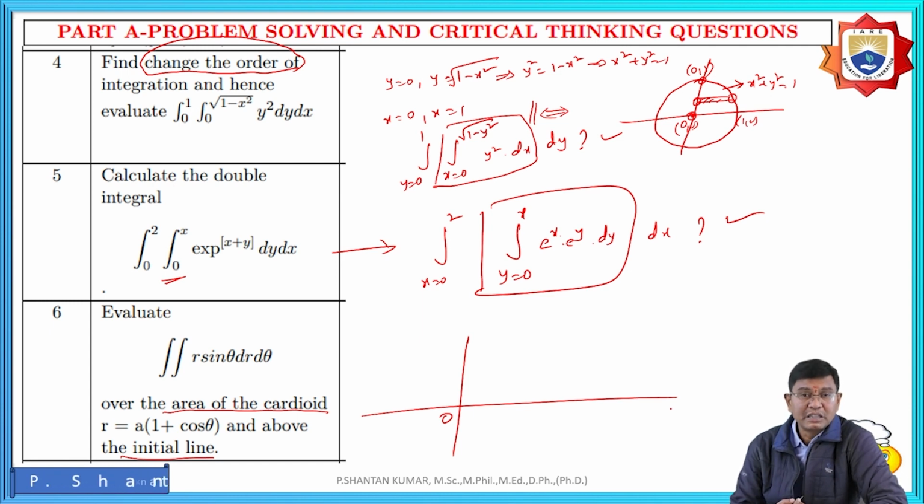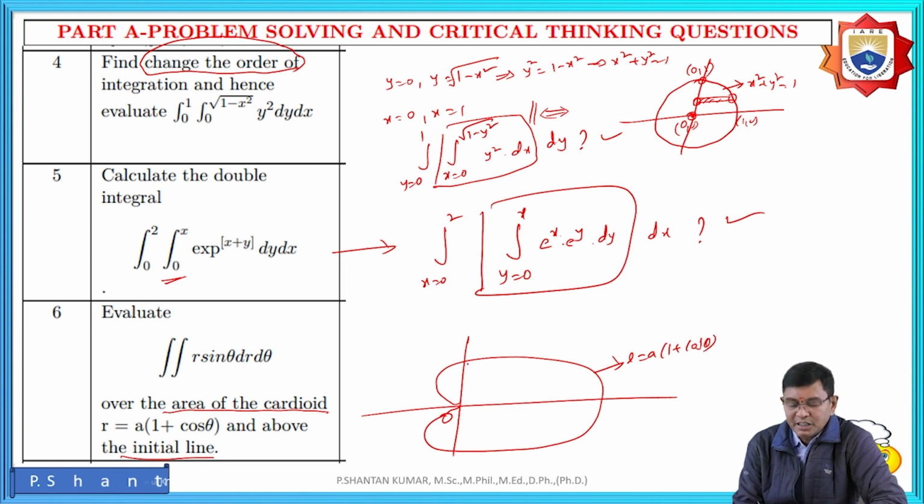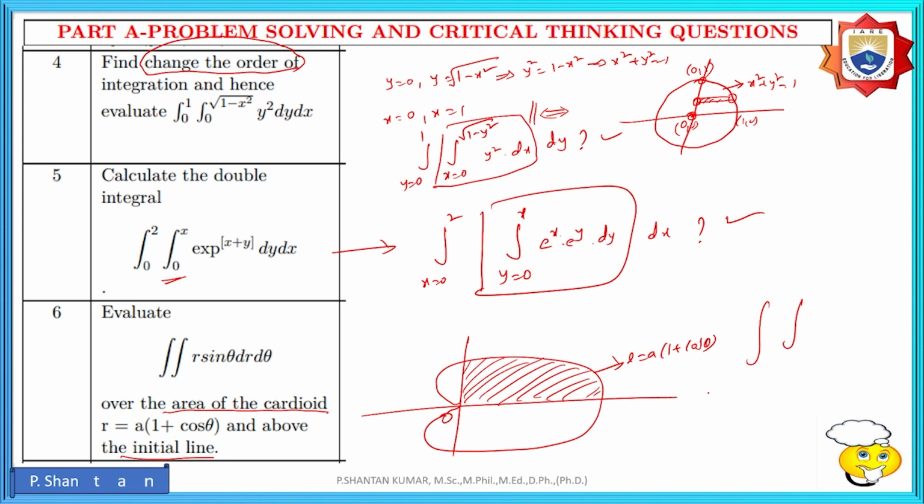It is r equal to a into 1 plus cos theta, which is symmetric about the x-axis and has a cardioid shape. We need to draw the diagram of this, as shown clearly, with r equal to a into 1 plus cos theta. The bounded region is only the upper portion, so we calculate the limits: first with respect to r, r goes from 0 to a into 1 plus cos theta, with integrand r sine theta dr d theta.